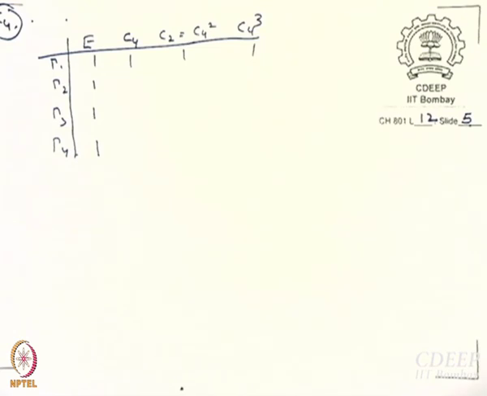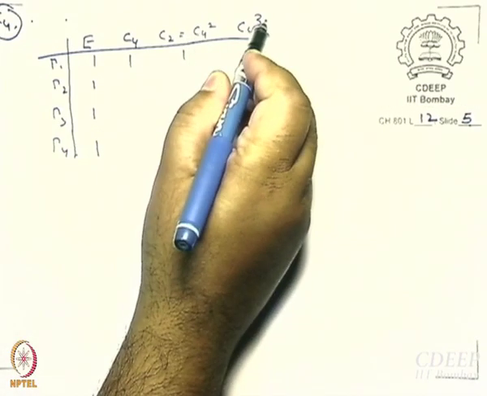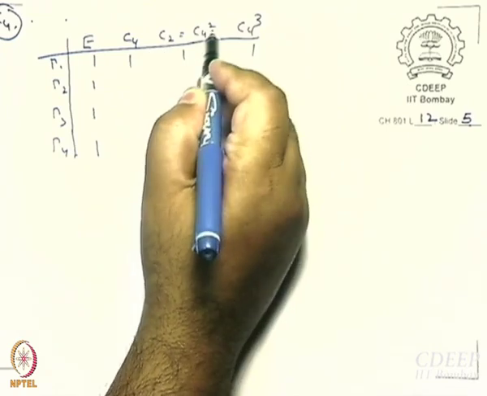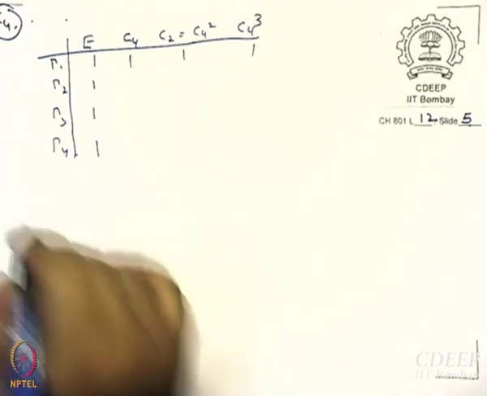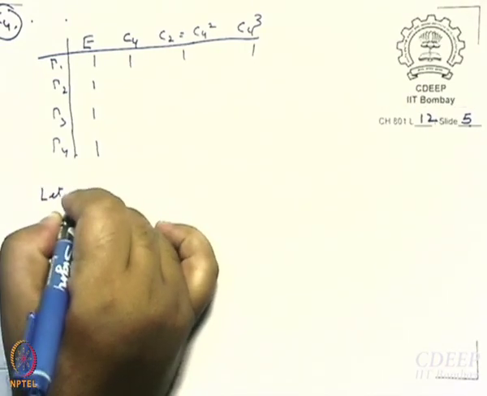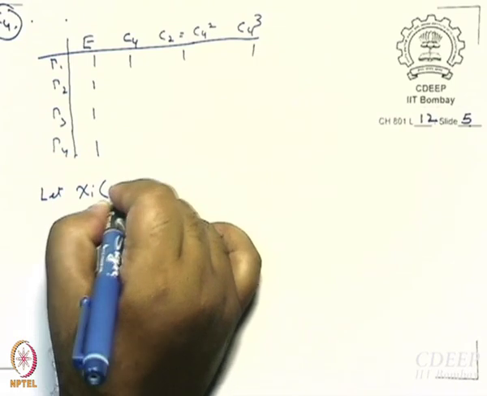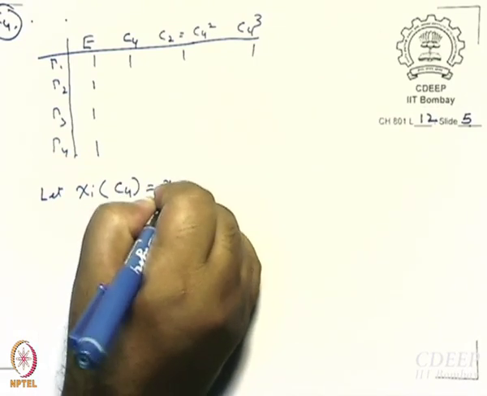Now we have to fill in the rest, but as we will see, not everything will be plus 1 and minus 1. If everything was plus 1 and minus 1, what would the character table look like? C2V. It is not. Because you have a special relationship, they are not just independent. C4, C4 square, C4 cube. Okay, so let me do it like this. Let chi I of C4 be equal to x.